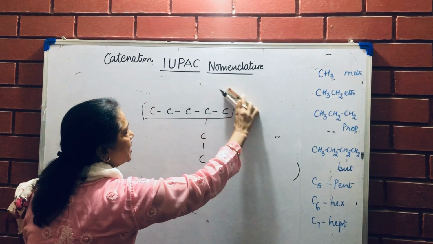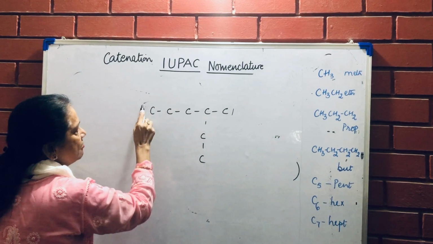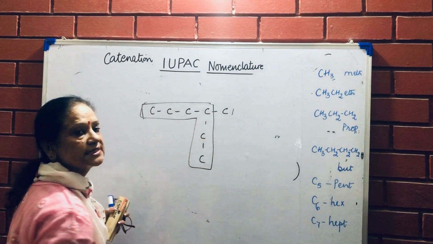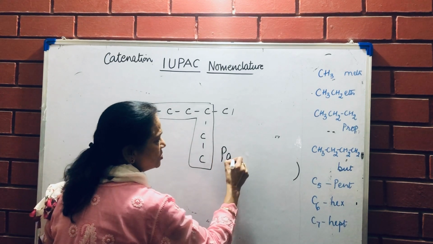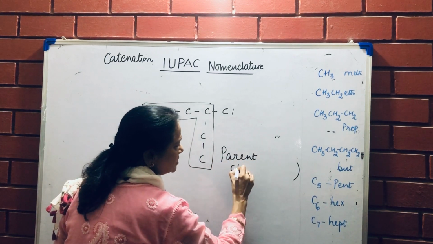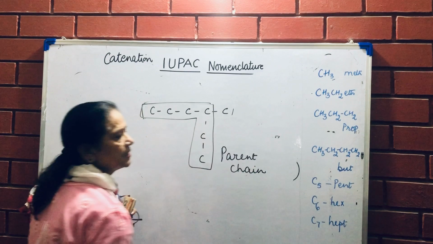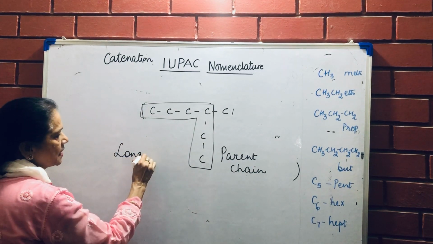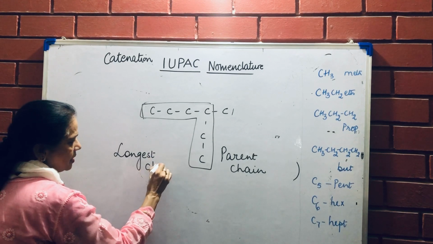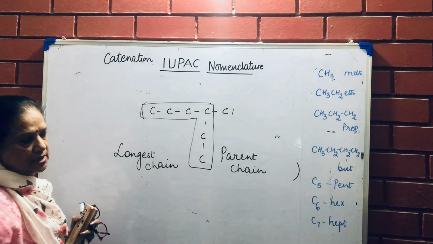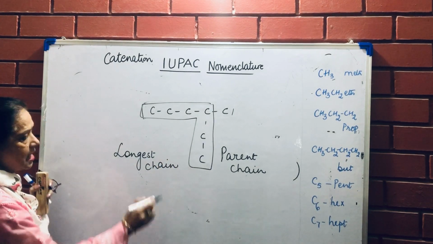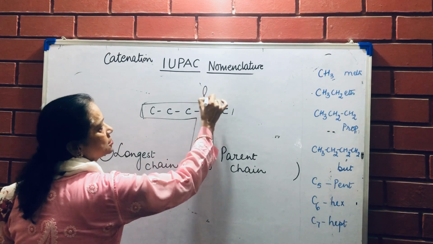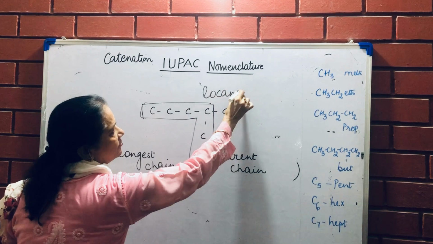So I will not take this chain, but I'll have to take this as the major chain. This is known as the parent chain. So our first rule is that we must identify the longest chain of continuous carbon atoms, and then after this rule look for the locant.